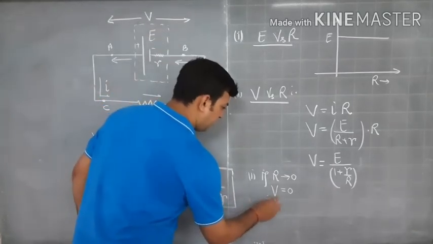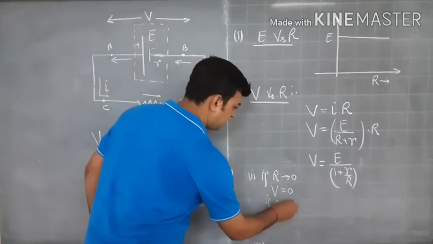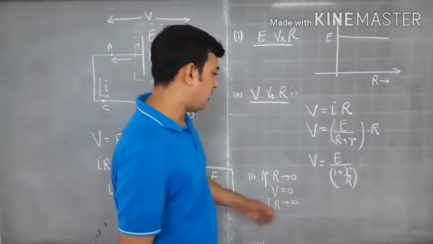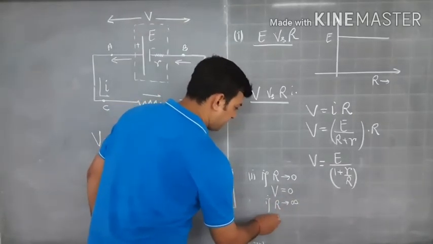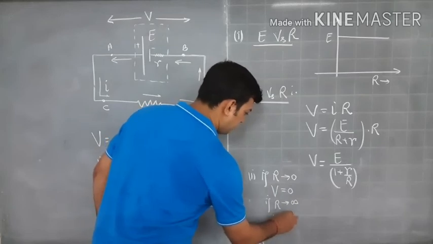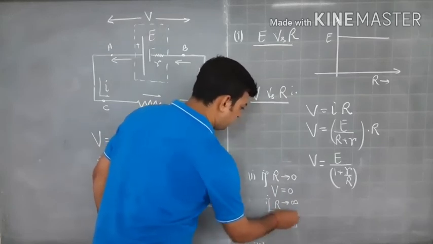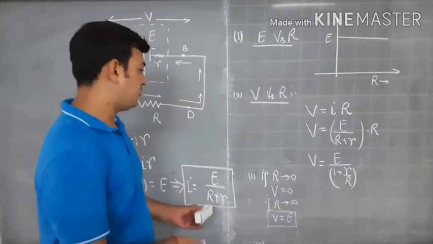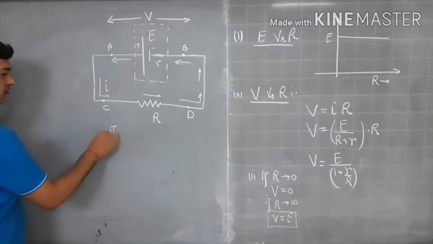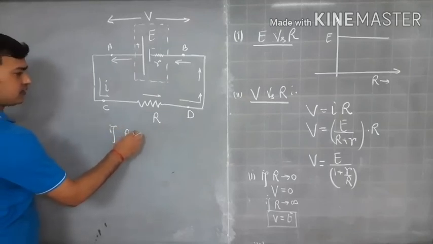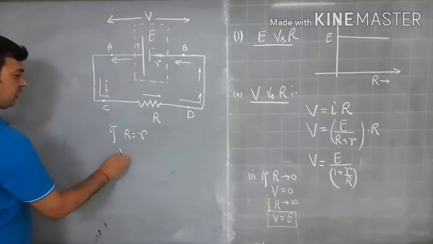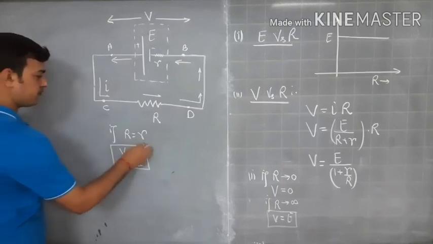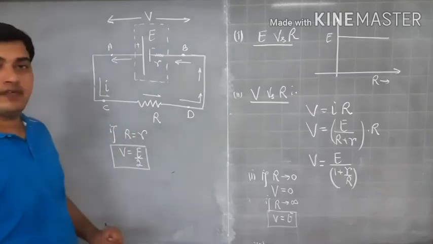And the second one, if my resistance goes to infinity, it means it is a very large resistance, so in that case the terminal potential difference is almost equal to the EMF of the cell. And let us take an intermediate position in which capital R is equal to small r. In that case V will be equal to E by 2, that is the half of the EMF of the cell.